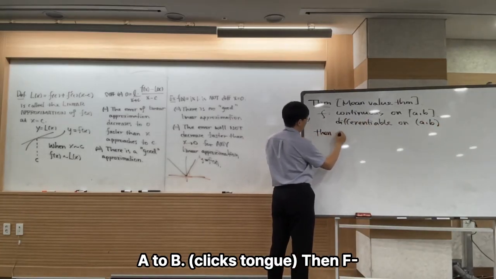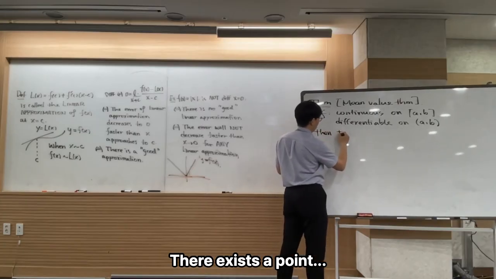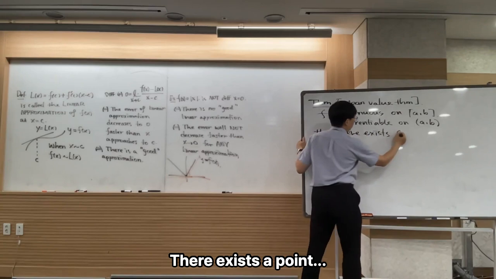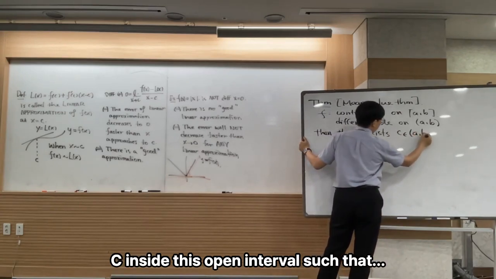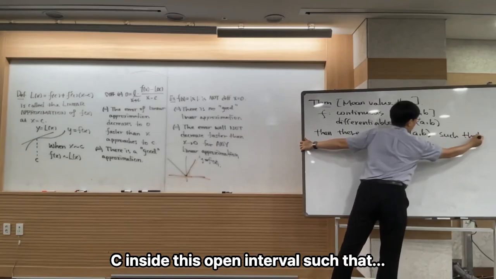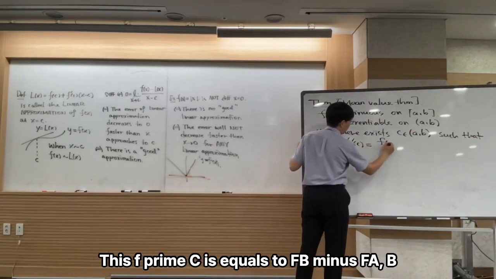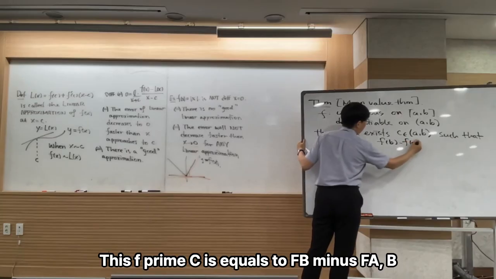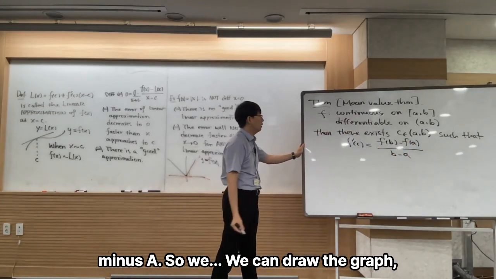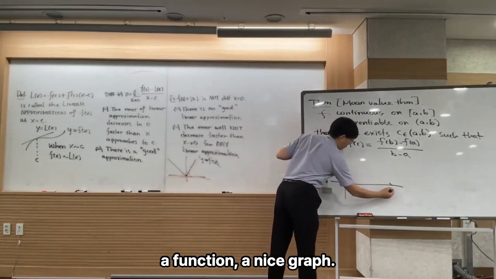Then there exists a point c inside this open interval such that f prime of c equals (f of b minus f of a) over (b minus a). So we can draw the graph of a function, a nice graph.